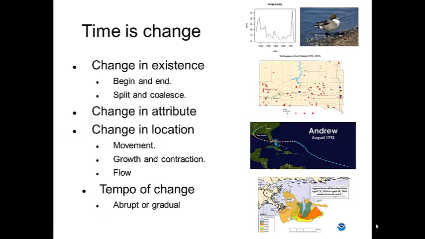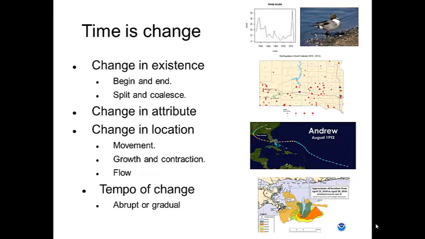But we do know, as I say, time is change, and early Aristotle connected time very closely with change. And there are lots of different types of change. There's change in existence. We're all born and we all die. There's an element of splitting and coalescing in existence.